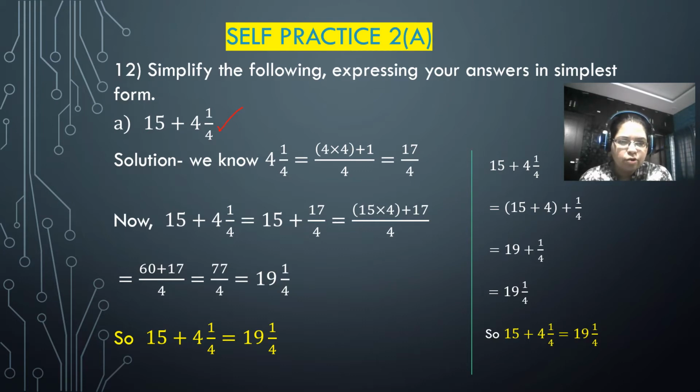How to add a whole number and a mixed fraction? First, convert this mixed fraction into an improper fraction.